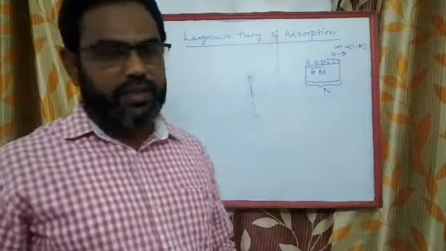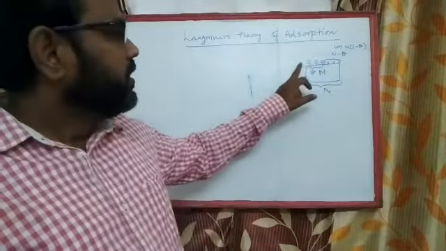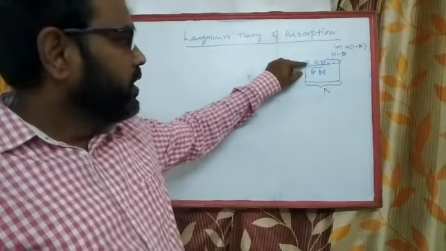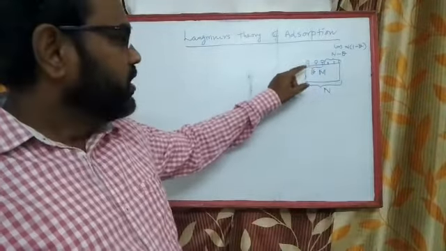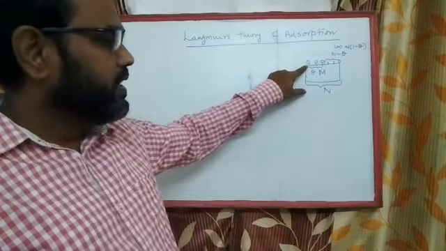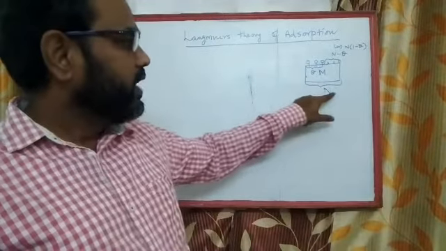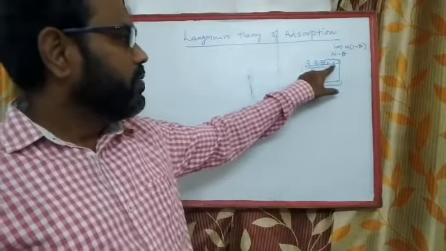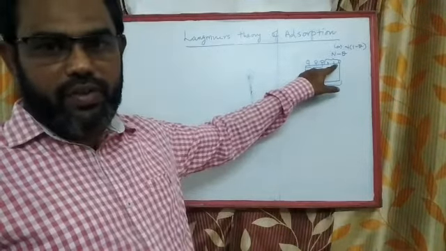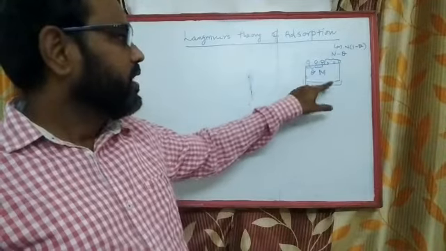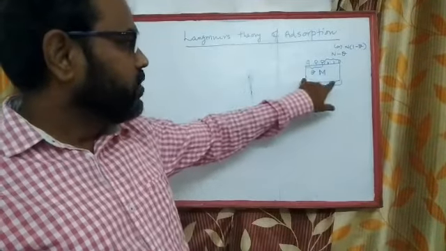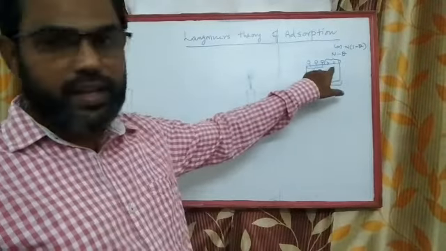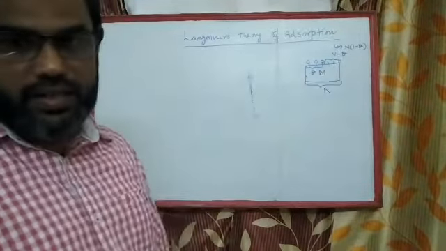Let me repeat this again. On a metal surface, molecules are getting adsorbed at the reactive sites. The surface area adsorbed is theta, the total surface area is n, then the surface area which is unadsorbed, or remaining vacant or ready for further adsorption, is n minus theta. This total area minus this small area theta is the remaining area, n into 1 minus theta.